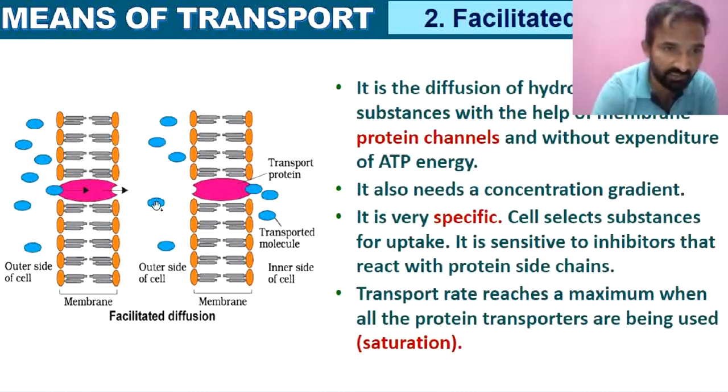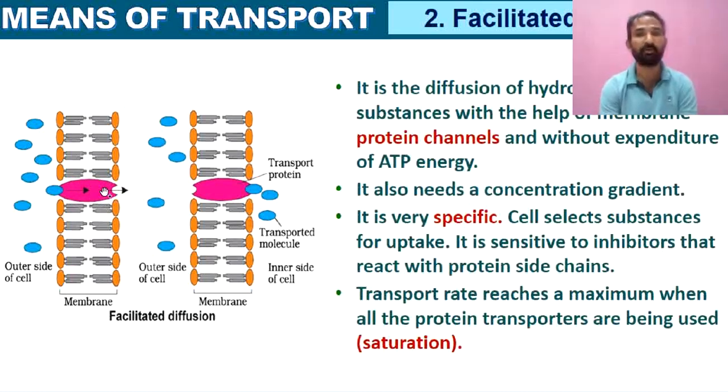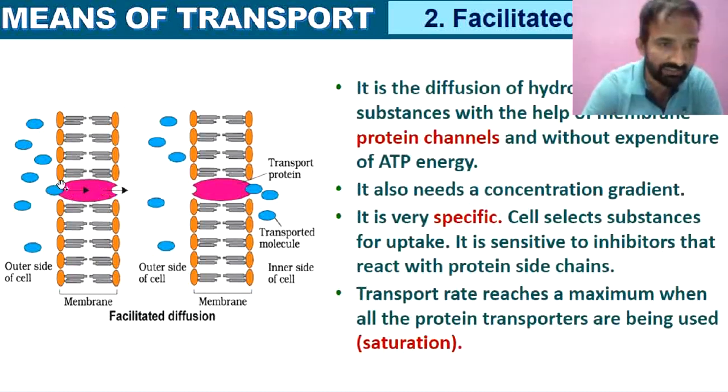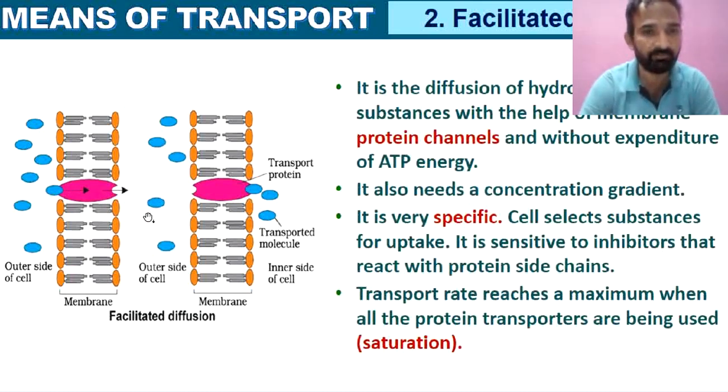See the picture here, which shows a protein channel. This protein channel can recognize the substance or molecule, and only those molecules move from one side of the cell to the other, or from the outer side of the cell to the inner side.